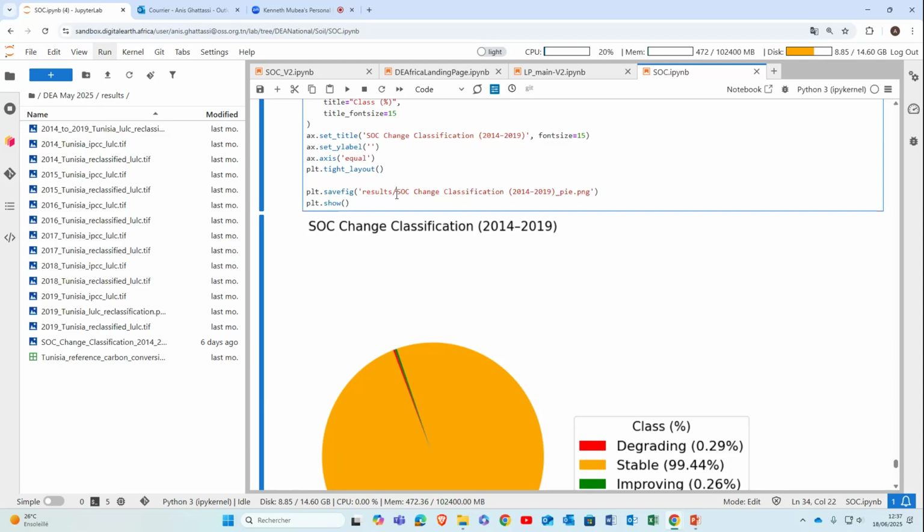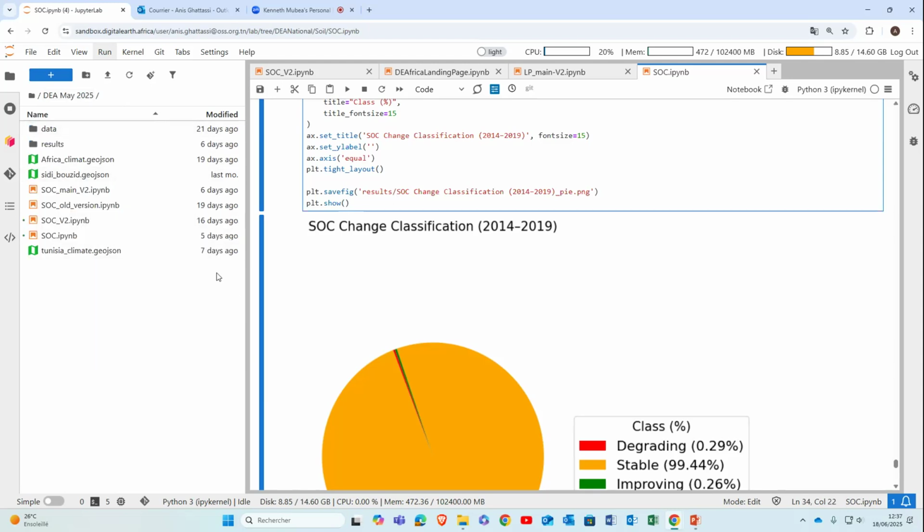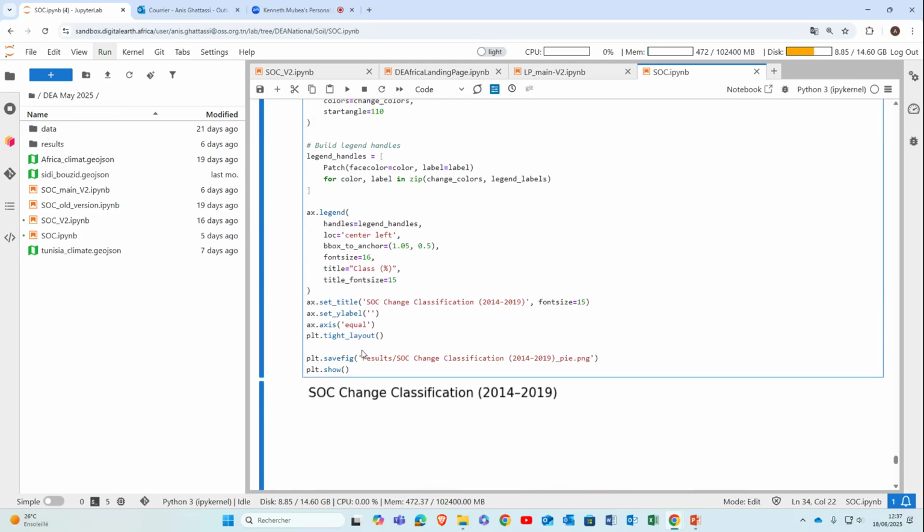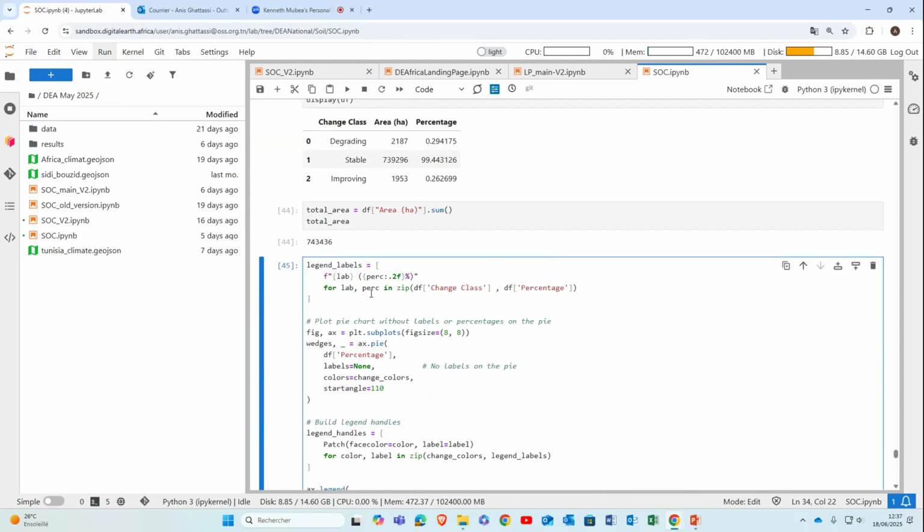So this service is really important, and we think that this sub-indicator, crossed with other sub-indicators that are under development, like land use, land cover, and also land productivity, will be really valuable.